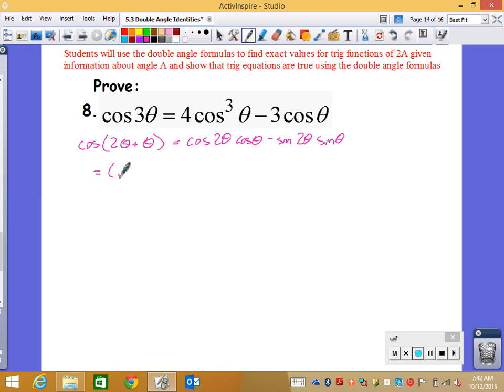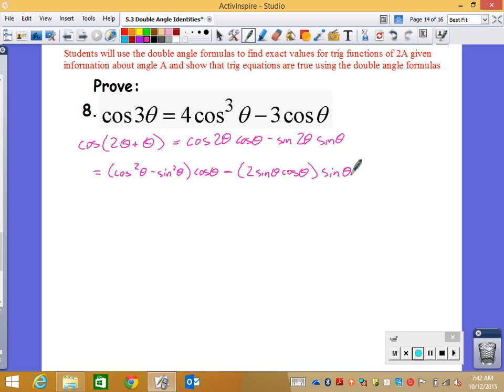I'm going to choose to write it as the cosine squared of theta minus sine squared of theta. And that's multiplied by cosine theta from what I had before. Minus, well, I only have one sine of 2 theta identity. That's 2 sine theta cosine theta. And that's multiplied by sine theta still.